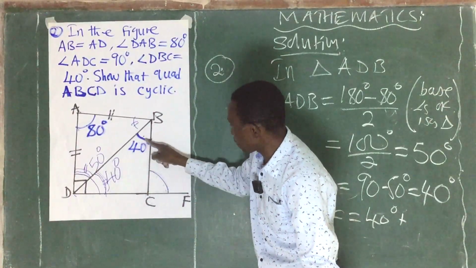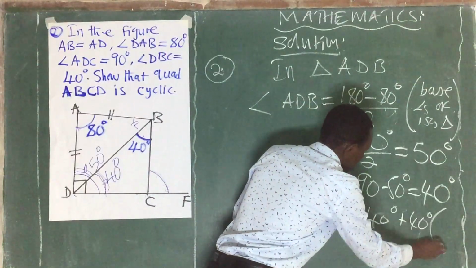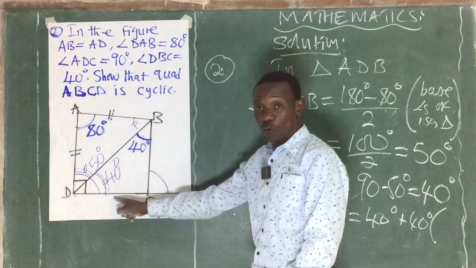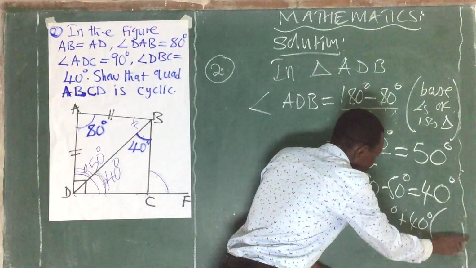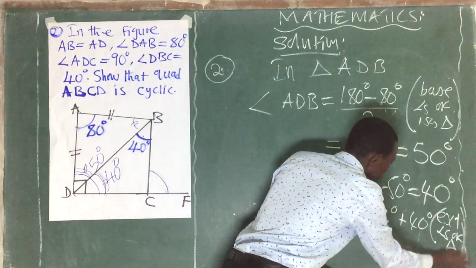This plus this gives us this. So 40 plus 40 degrees. Why? This is an exterior angle of a triangle. So you write the reason there: exterior angle of a triangle.